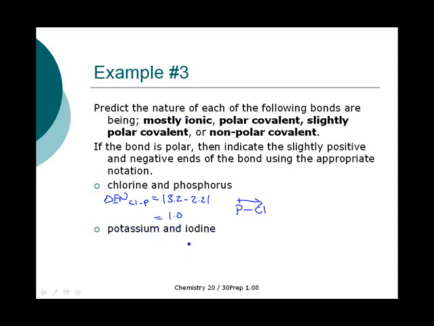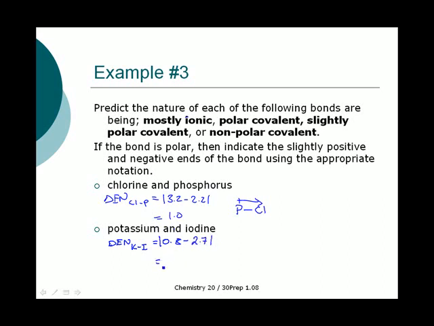For potassium and iodine, potassium is K, iodine, the electronegativity of potassium is 0.8 minus iodine is 2.7.